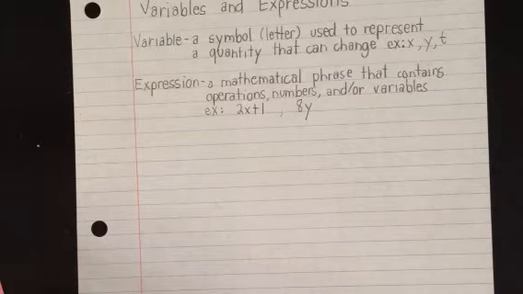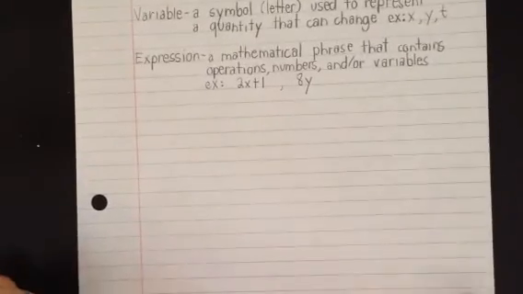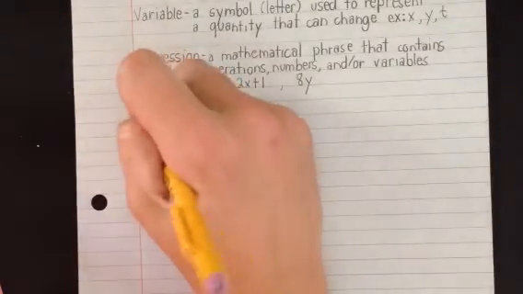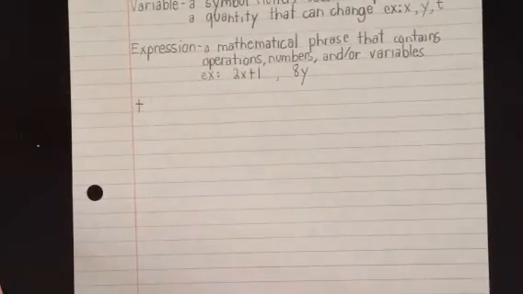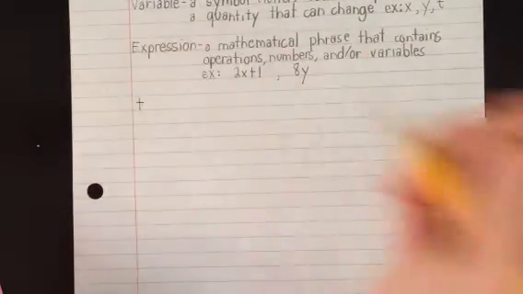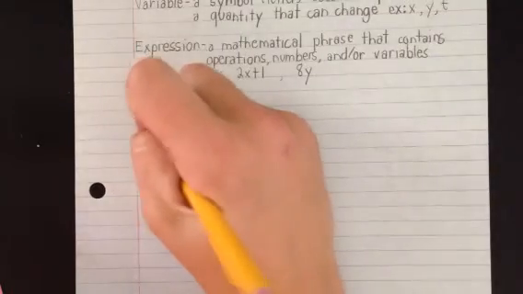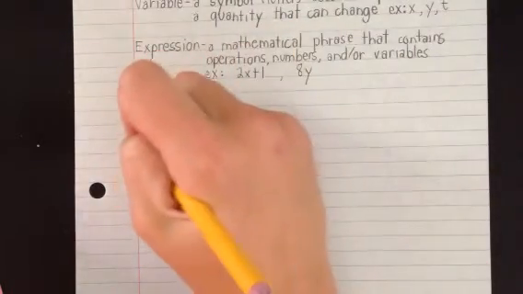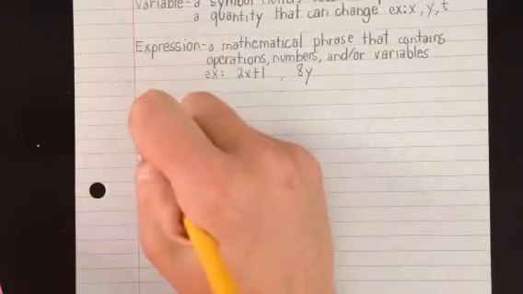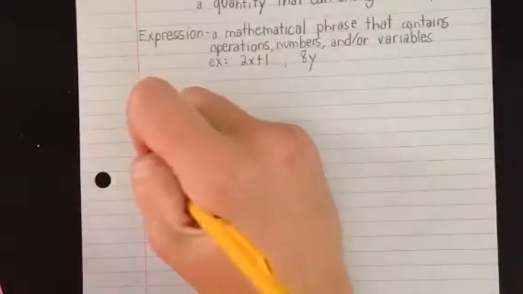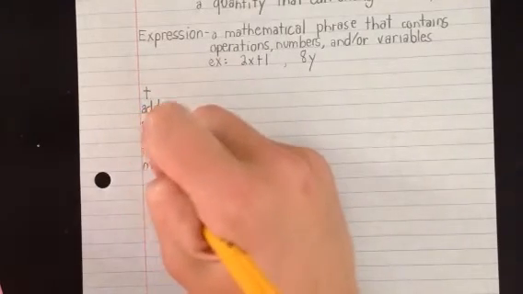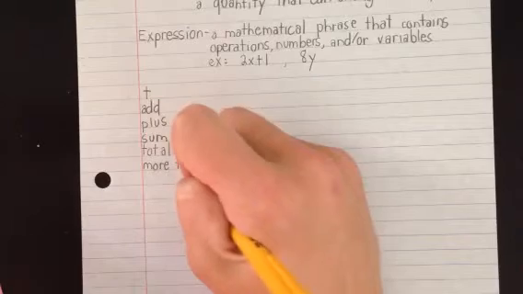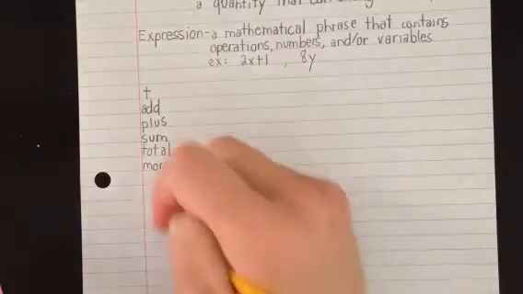All right, so let's talk about the operations we're going to be using today. We're going to have addition. Some of the words that you might see to represent addition are add, plus, sum, total, more than, or increase.